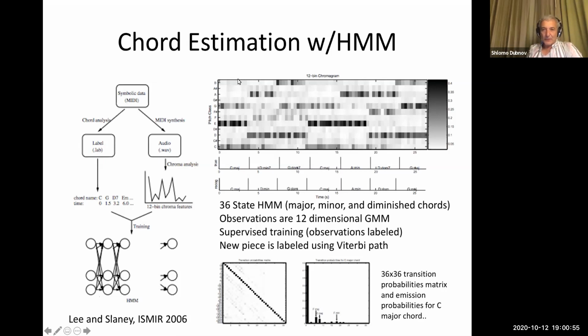I don't want to go into details, but it tells you basically how much energy is in frequency bands that correspond to the 12 notes. These are 12 notes. And you want to be able to estimate which chords these are, but you also want to stay within a chord. You don't want to jump every state to different chords. There's this dynamics. You learn the logic of chord progressions.